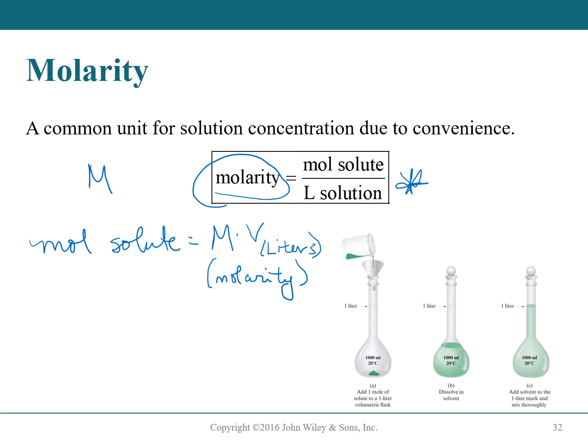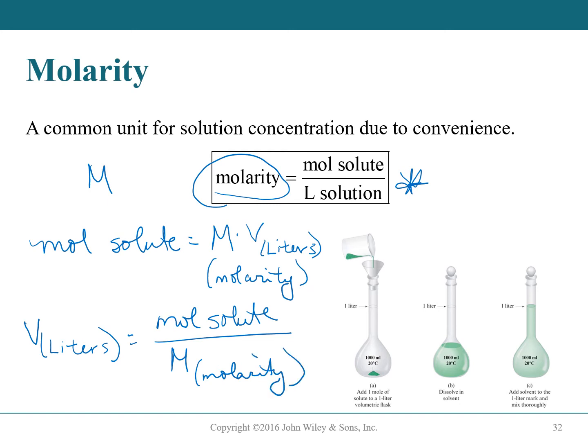What happens if I want volume? If I want the volume in liters, then it's going to be equal to the moles of solute divided by the concentration M, in molarity.